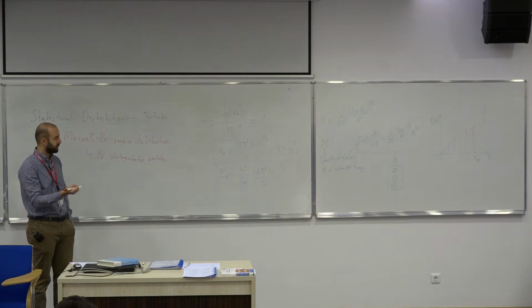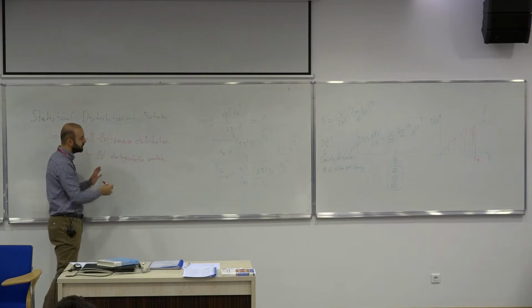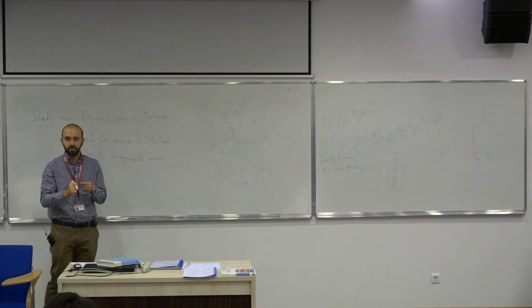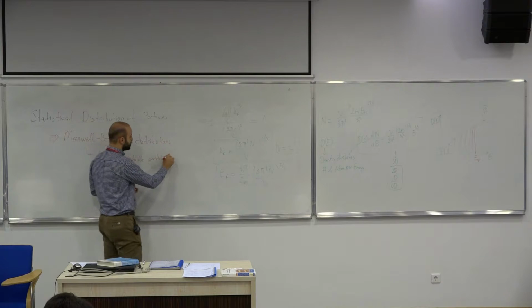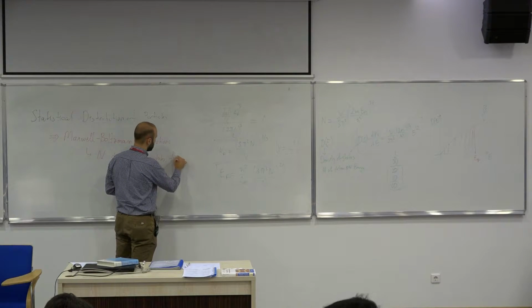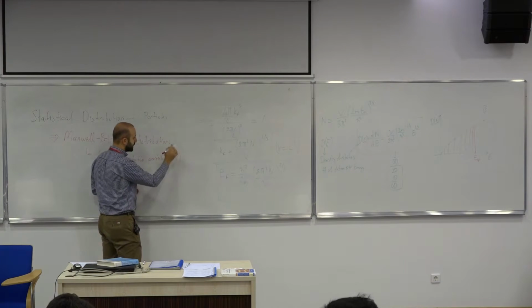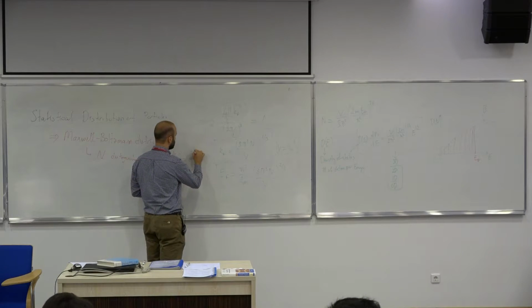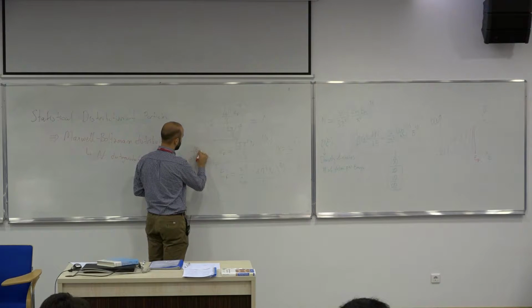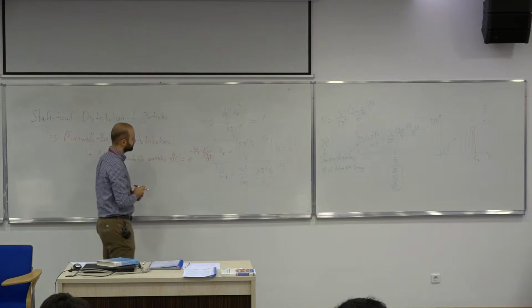So the counting, if I take these n electrons and look at all the possible combinations, then what I'll get for the energy distribution, or probability of finding a particle at energy E, is going to be something like this: e to the power of (EF minus E) divided by kBT.